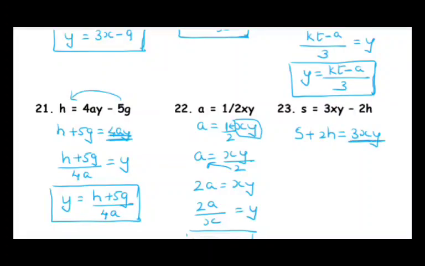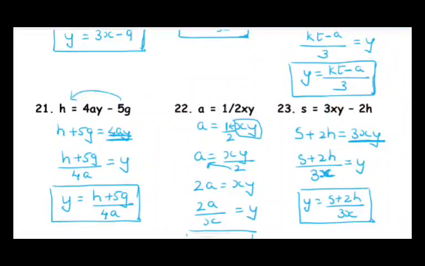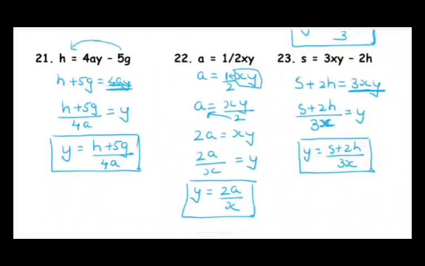Break the bond out here. 3x both can leave y alone and come to the denominator, simply because multiplication, when changes sides, becomes division. Y is equal to S plus 2h upon 3x. Here we go. Quite simple till now, children.